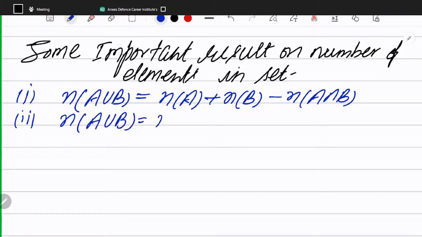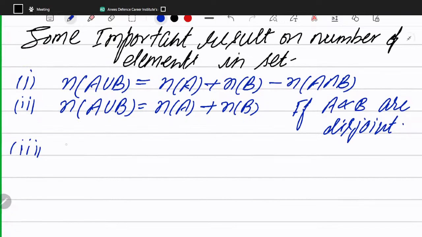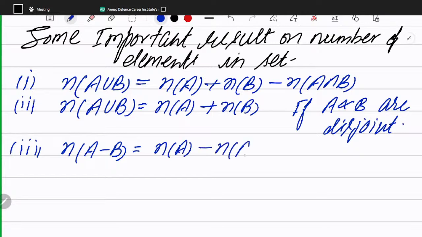n(A union B) is equal to n(A) plus n(B) if sets A and B are disjoint. Third one is n(A minus B) is equal to n(A) minus n(A intersection B).